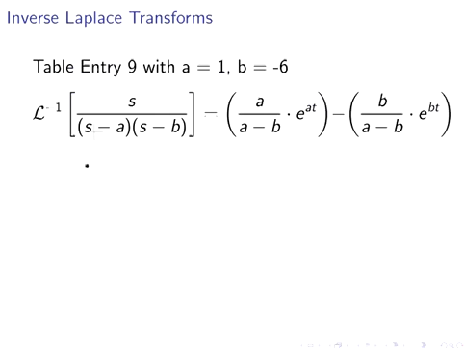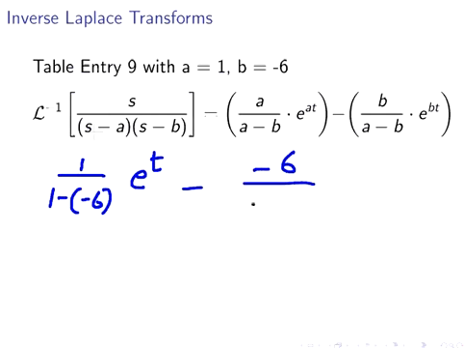So we would get 1 divided by 1 minus 6 times e to the 1t, I'll just call it e to the t, minus 6 over 1 minus 6 times e to the power of minus 6t.